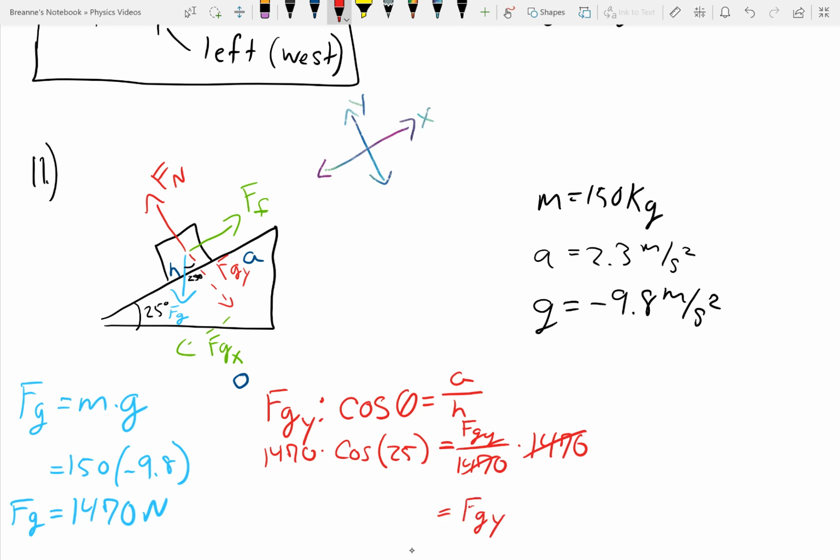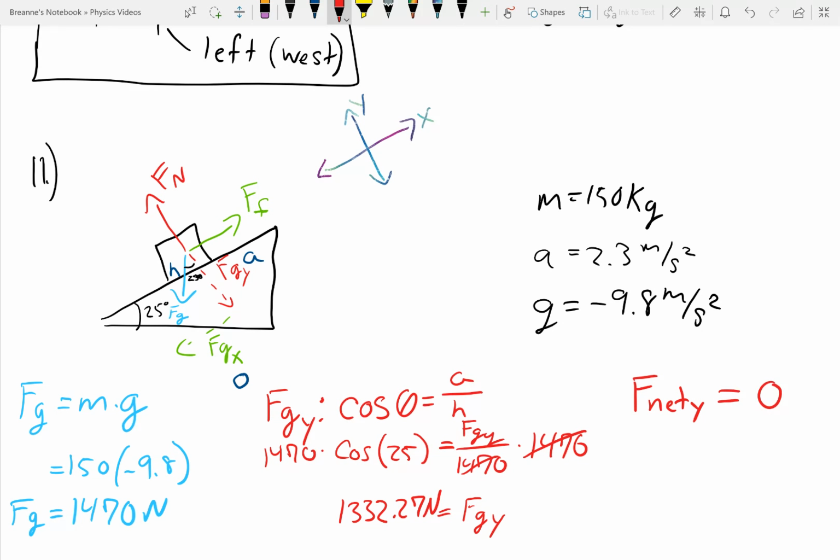So then you get your 1470 times cosine of 25, and that gives you 1,332.27 newtons. And if you notice, I did it in the same color, and the reason I did that is because if you think about your net force in the y, is it moving in the y direction?